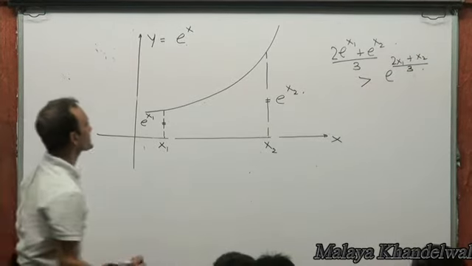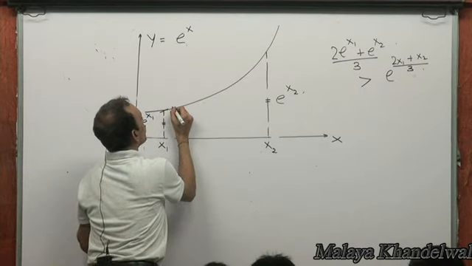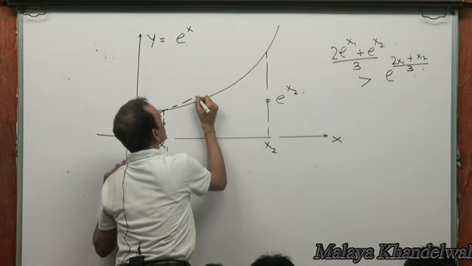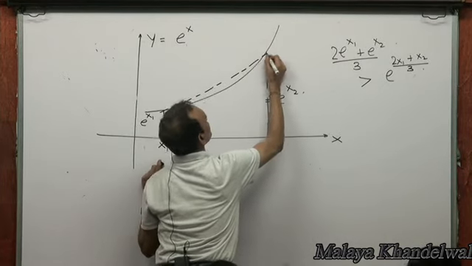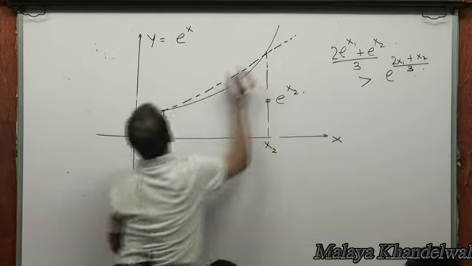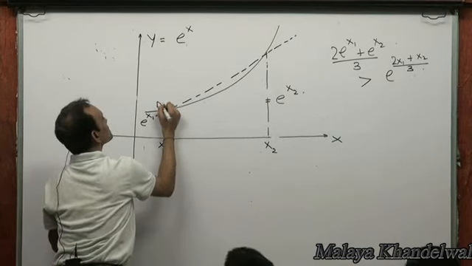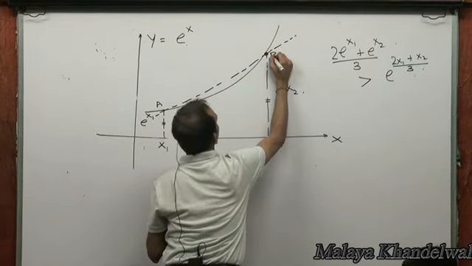Okay. Let me draw a secant. This is A, this is B. AB is a secant.